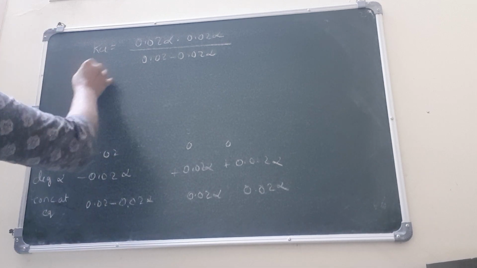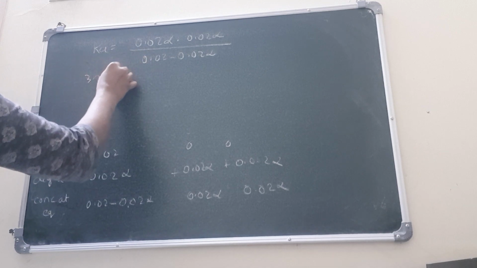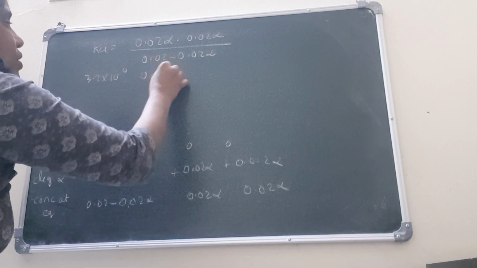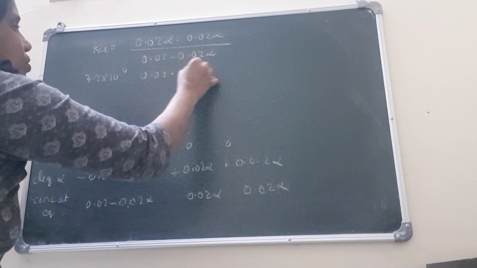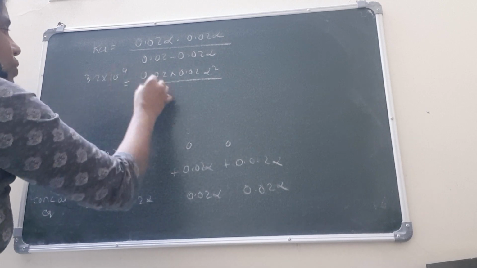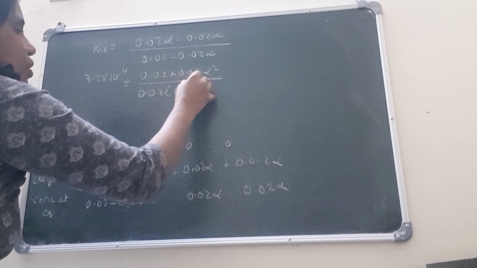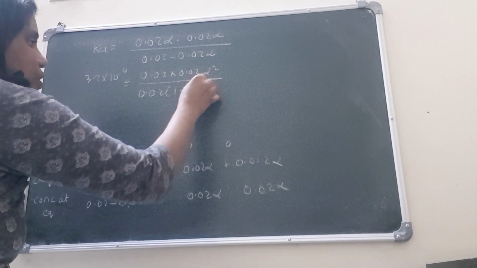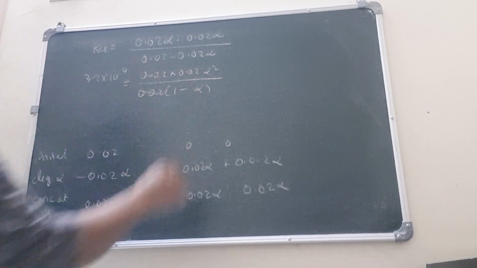So Ka is 10 power minus 4. This will be 0.02 into 0.02 alpha square by 0.02 into 1 minus alpha. So one of them gets cancelled.